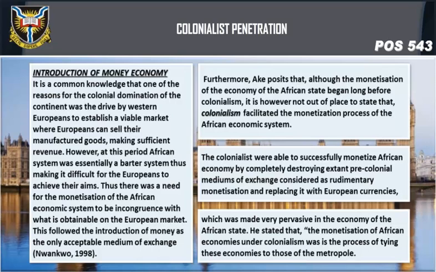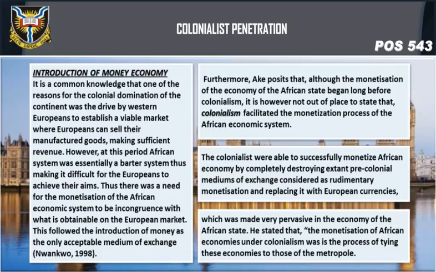Introduction of money economy. It is common knowledge that one of the reasons for the colonial domination of the continent was the drive by Western Europeans to establish a viable market where Europeans can sell their manufactured goods, making sufficient revenue. However, at this period, the African system was essentially a barter system, thus making it difficult for the Europeans to achieve their aims.